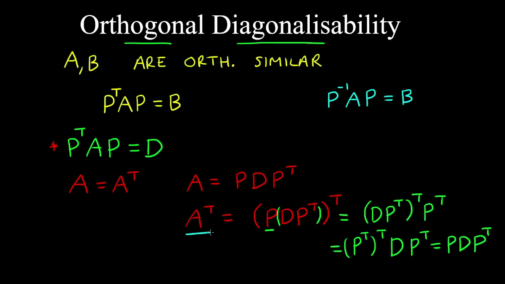So that means that A transpose is equal to A. And the only way that's possible is if A is symmetric.